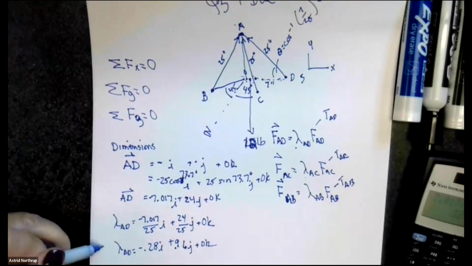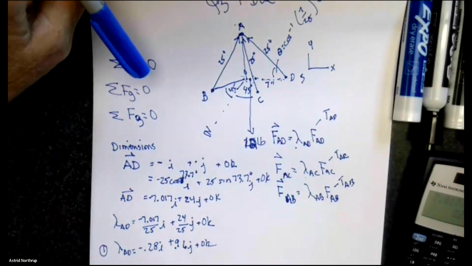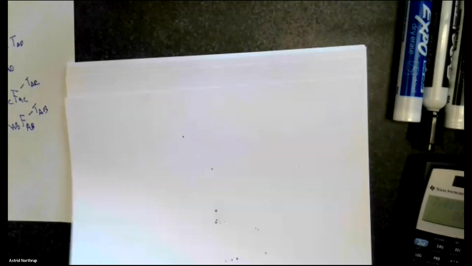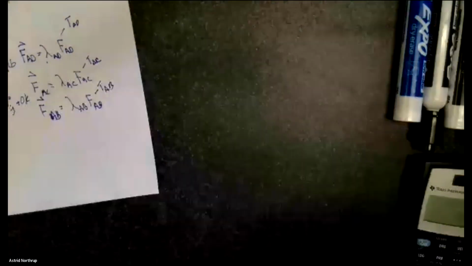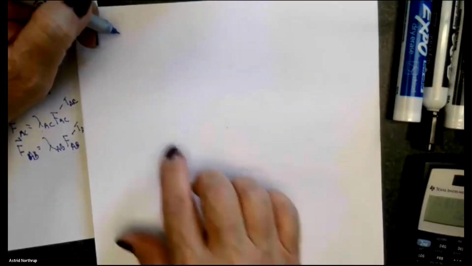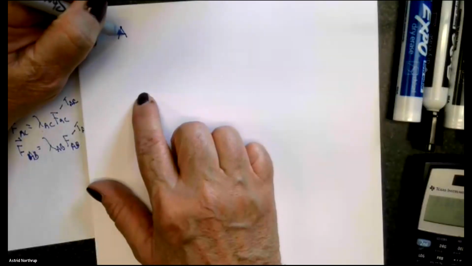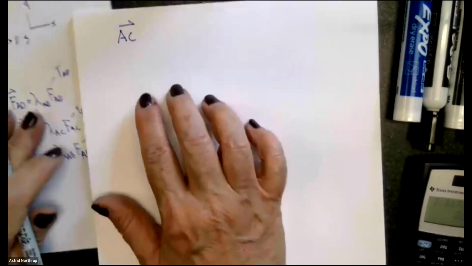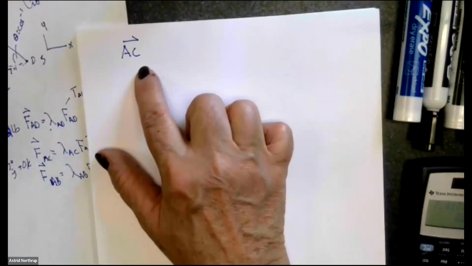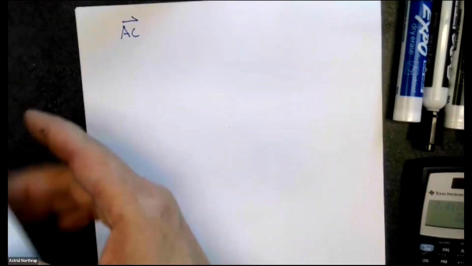Okay, so we have piece number one. Now we need to find lambda in the other two directions. First of all, we have to find the vector AC. AC is a little bit more complicated.